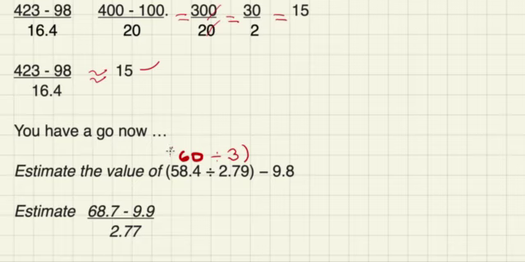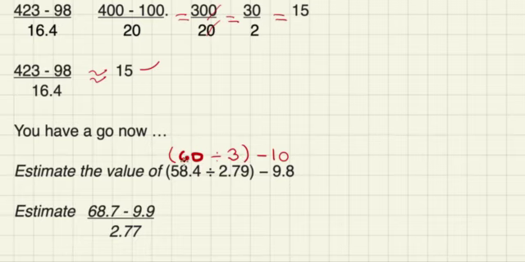And remember to put in the brackets, minus 9.8. And again, what value could we round that to? And the closest would be 10. So this equation looks a lot friendlier than that. Now, do you remember from BIDMAS, you've got to do the brackets first. So let's do whatever's in the bracket.